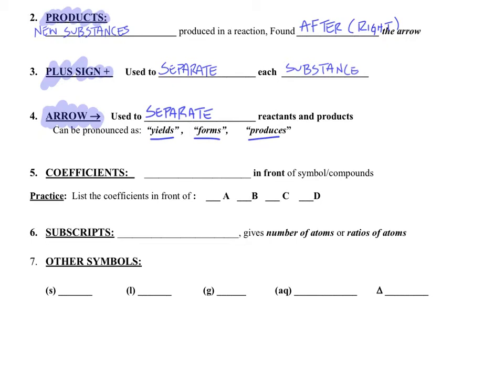Coefficients are the large numbers that are in front of the symbols or the compounds.